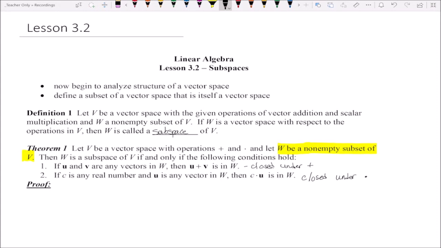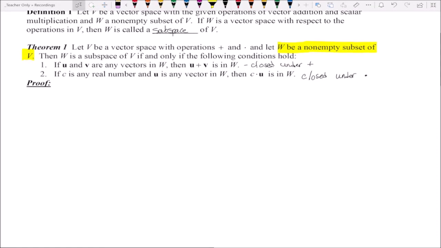All right, and we will go ahead and prove this. If W is a subspace of V, then it is a vector space.